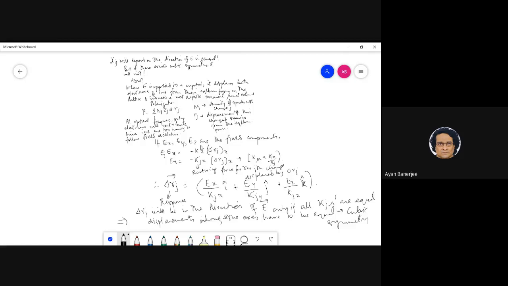If you consider an electron-ion pair, the electron has one restoring force, the ion has a different restoring force, and the displacements are also all different, right?